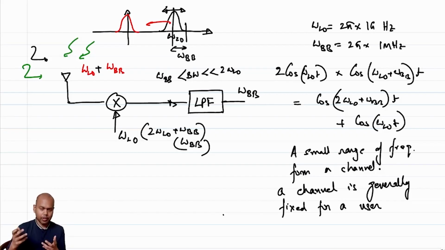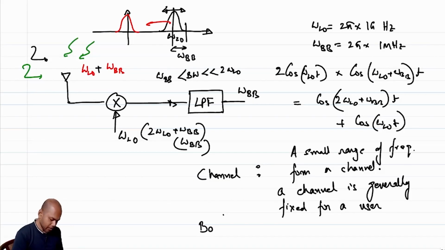Nothing is fixed for a user permanently, but when somebody is making a call, I will be taking up some part of the spectrum, and that minimum amount of spectrum that I am supposed to take up, you can think of it as a channel. This is what a channel is. And a band is essentially a continuous set of channels.